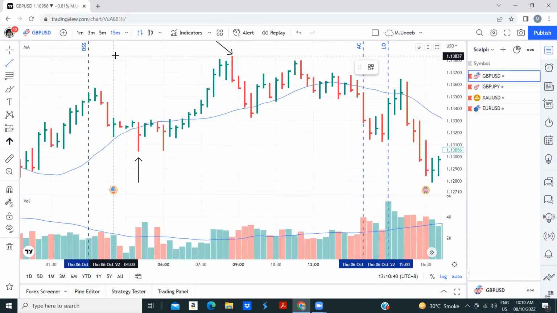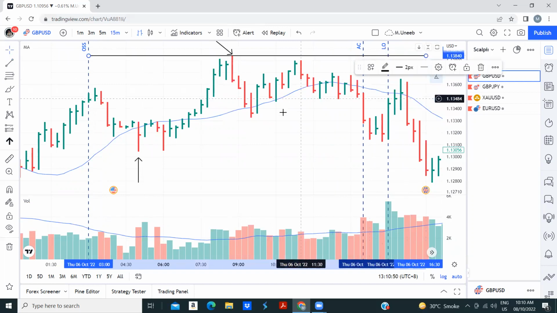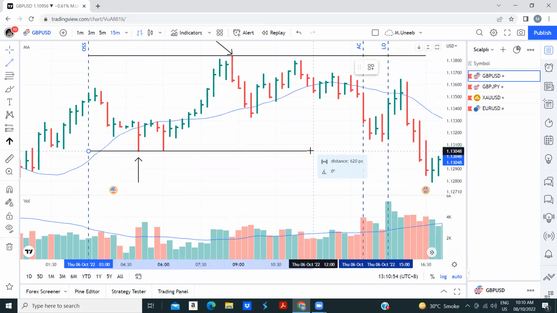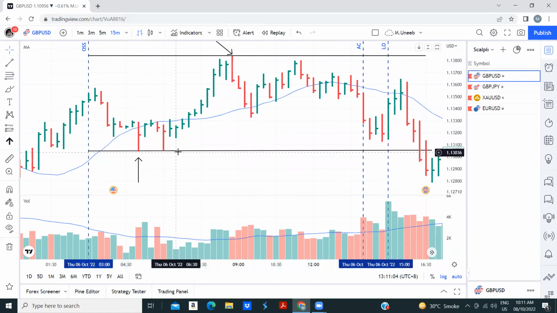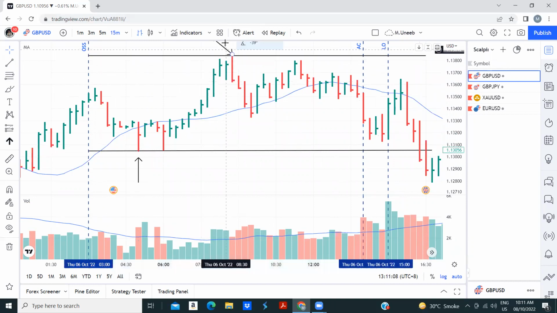So we mark the swing high starting from OS, extended all the way up to this point. If your line is like this, you can press shift on your keyboard and it will become straight. It's a very huge range today.